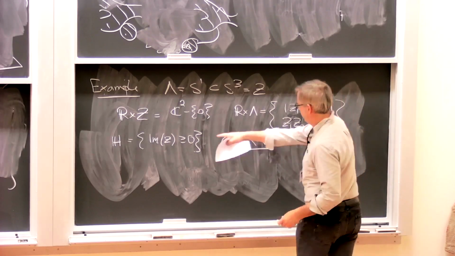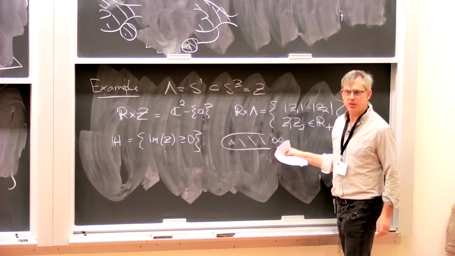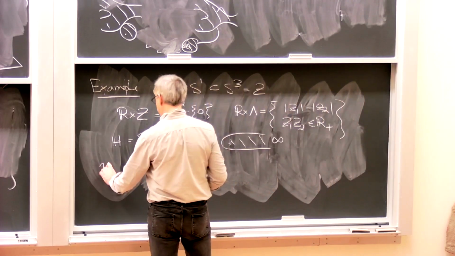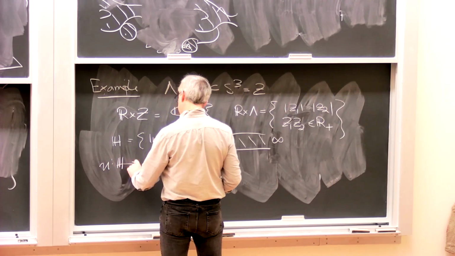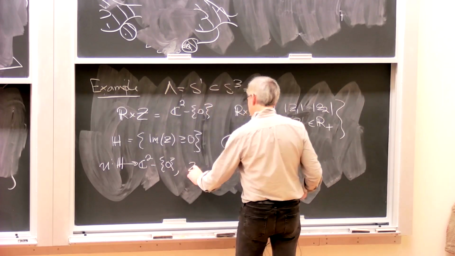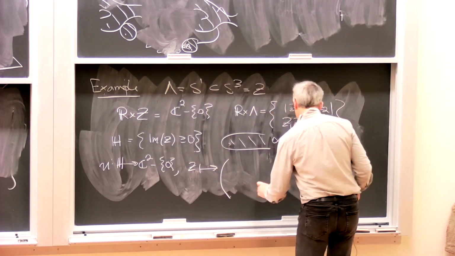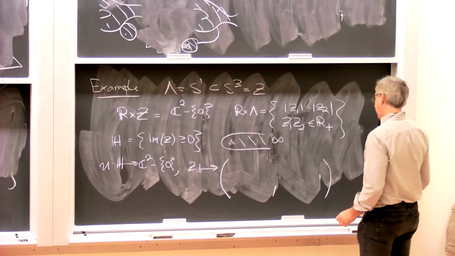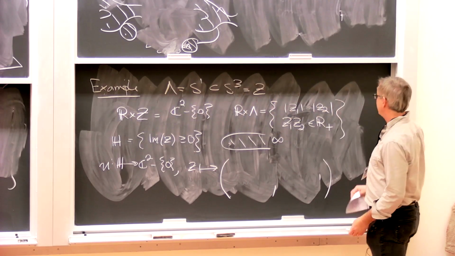So the boundary of H is this thing here. And so now I just write down what the maps are. So I want to map to C squared minus 0, so it's going to have 2 components.